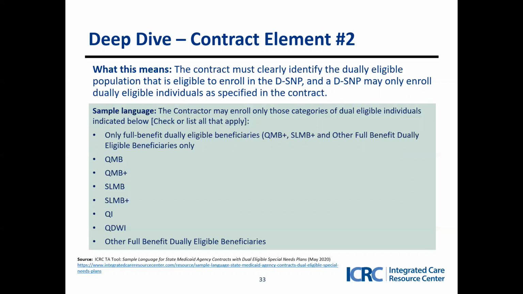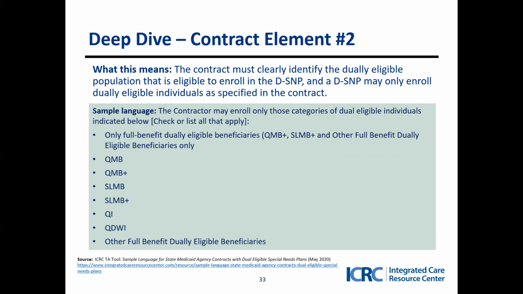The contract can also include provisions that limit D-SNP enrollment to full benefit dually eligible individuals and/or individuals who are also enrolled in a Medicaid plan offered by the same parent company. This is what we call exclusively aligned enrollment, which Danny will talk a little bit more about in the next section.